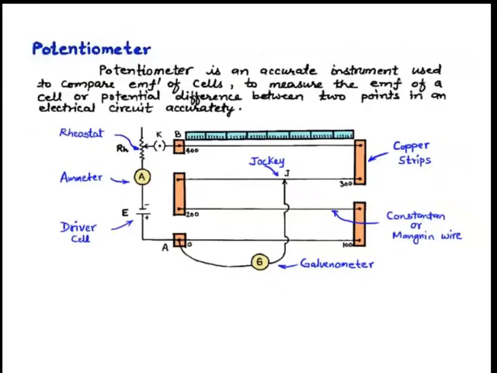Now, children, we know that in circuits, whenever we need to measure the potential difference, we use a voltmeter. But a voltmeter uses some current from the circuit to measure the potential difference. So the potential difference measured by a voltmeter is not accurate, right?